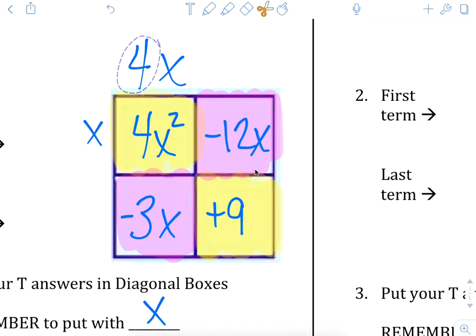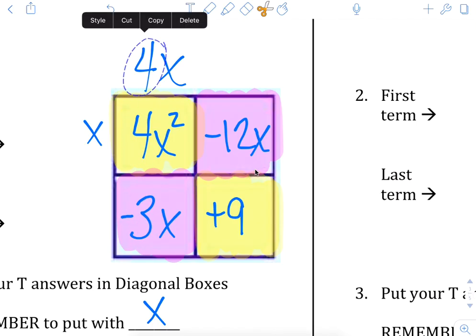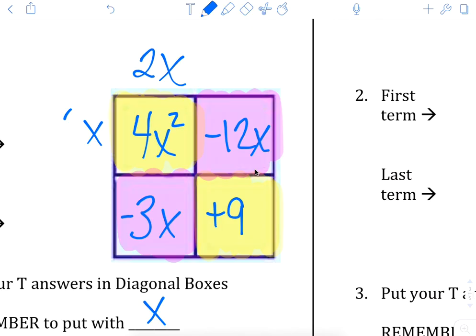Okay, would this 4x be able to multiply in to make this -3 down here? 4 times nothing makes a -3, which means that 4 can't go there. Okay, maybe you're thinking it could be a 2 times 2. Can 2 multiply by something to make a 3? No. So that 2 can't go there. Our only other option is to do 4 and a 1.